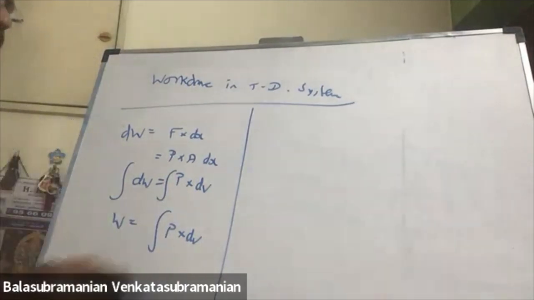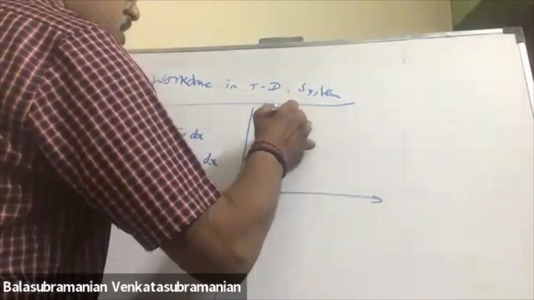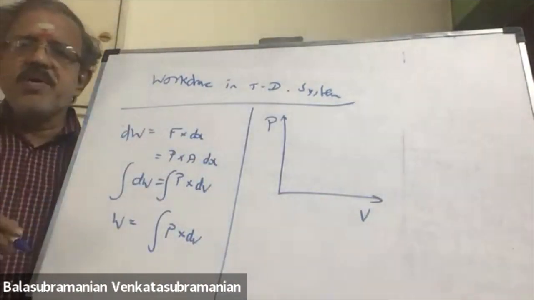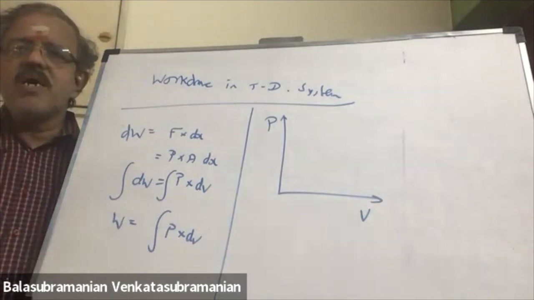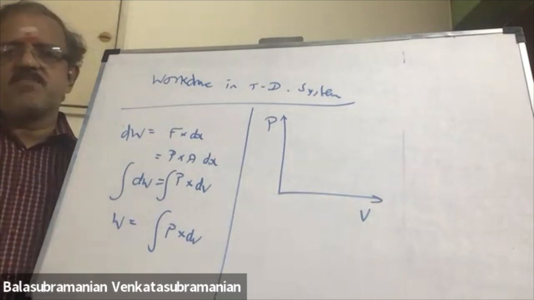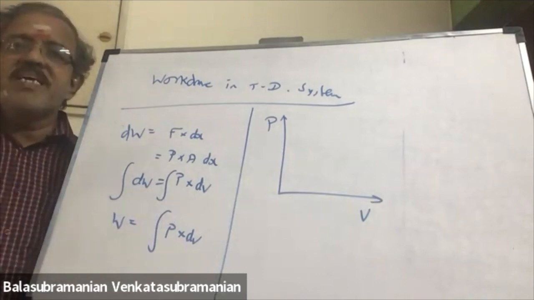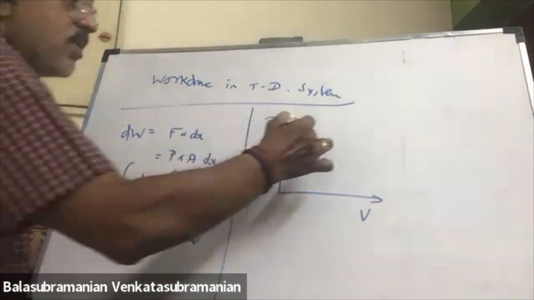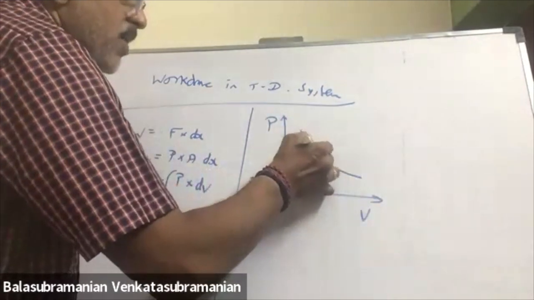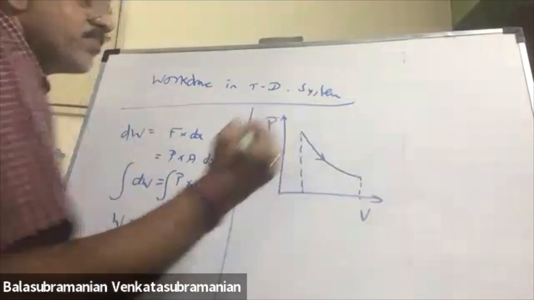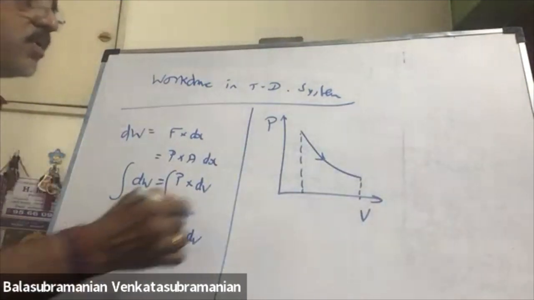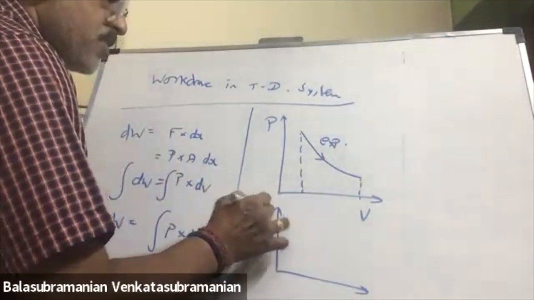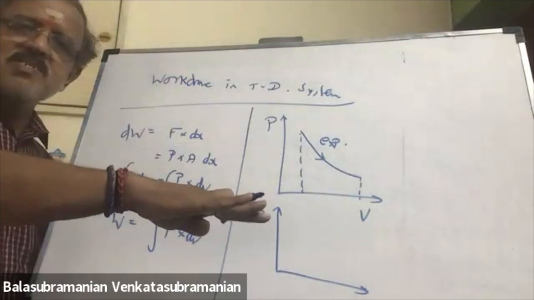Graphically, we will represent pressure on the y-axis and volume on the x-axis. Now, work done due to isothermal expansion. Expansion means volume increases, pressure decreases, so like this, you can see the arrow mark. Compression means volume decreases.